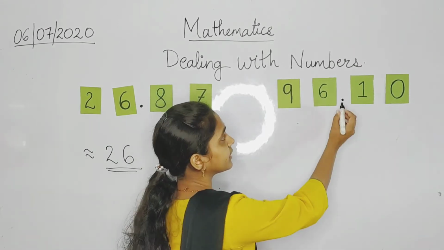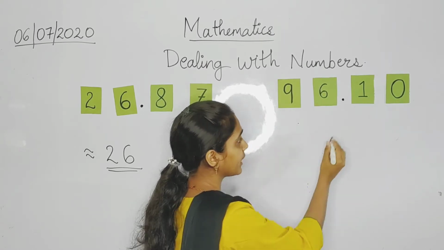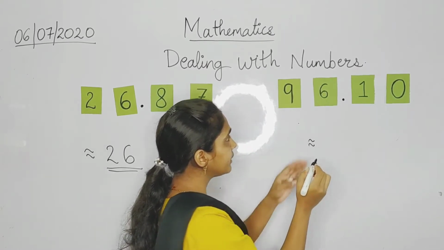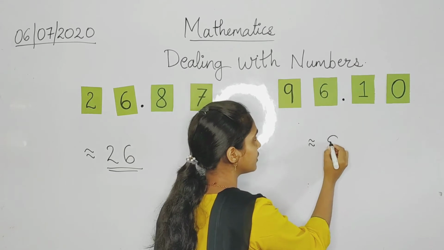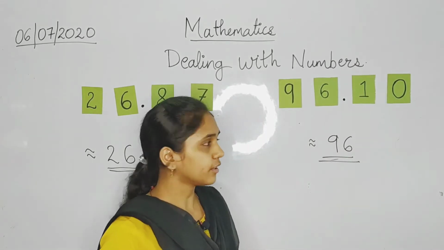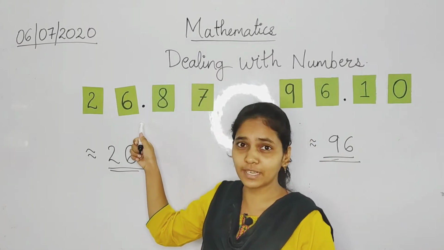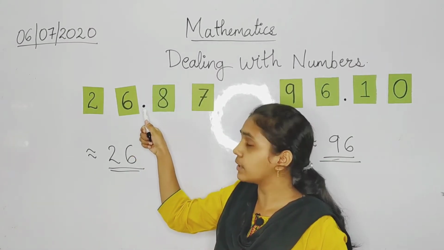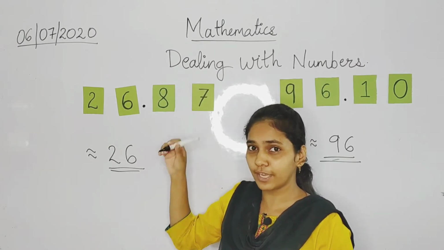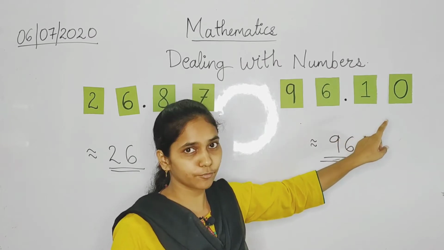So we keep our previous number as it is, which is 96, and this will be your rounded off figure. The first one is the example when the number after the decimal point was greater than 5, and this is the example when the number after the decimal point is lesser than 5.